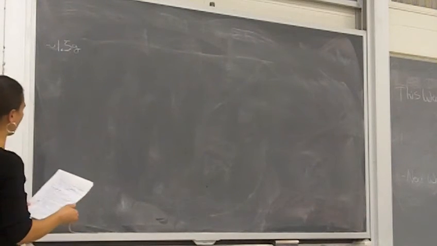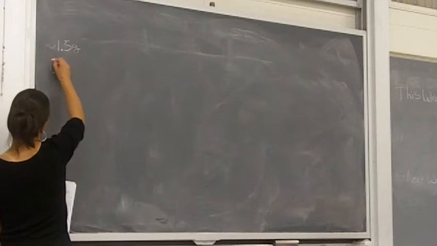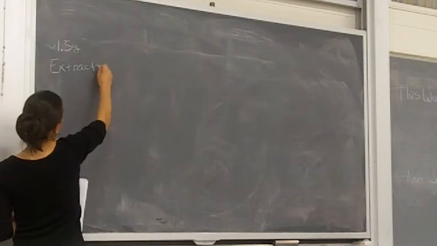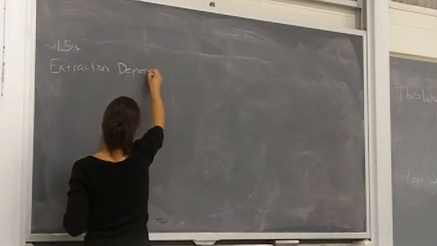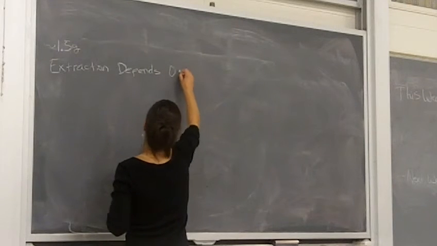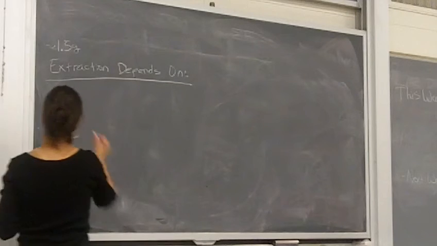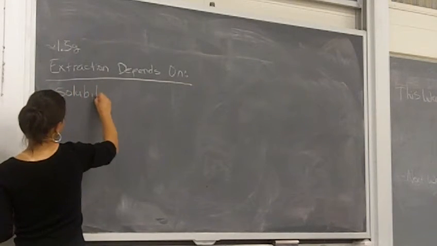So things that we're going to do for the extraction to help things work in our favor. The extraction itself depends on, first of all, the solubility of what we're trying to extract out, okay?